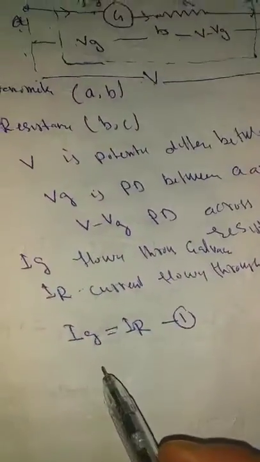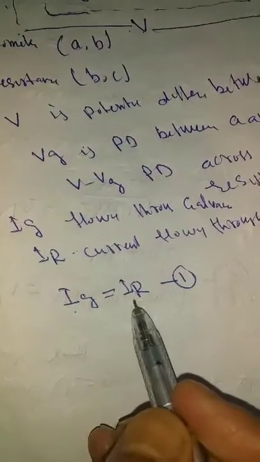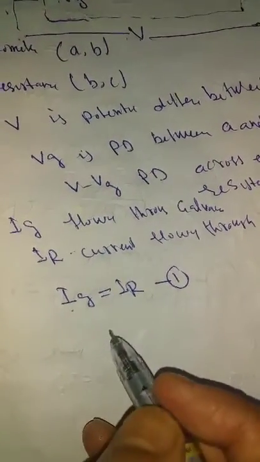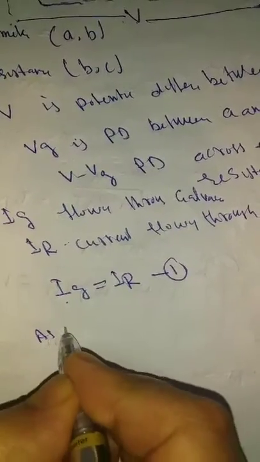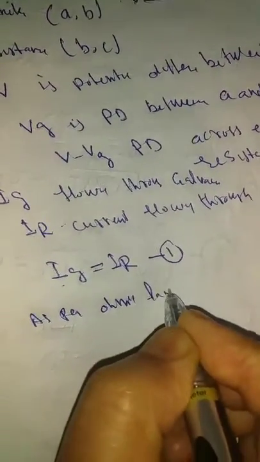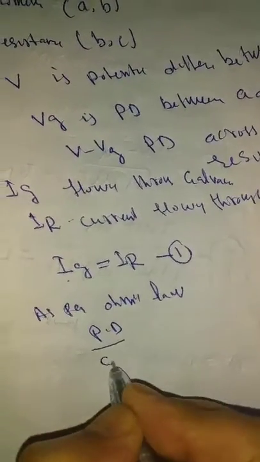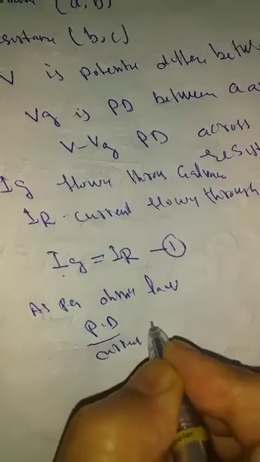When the resistance and the galvanometer are connected in series, the same current will flow through the galvanometer as well as through the resistance. But as per Ohm's law, which you have studied, potential difference divided by current is equal to resistance.